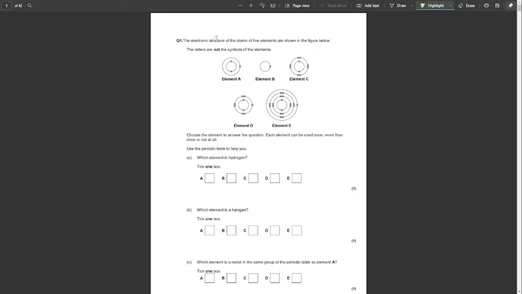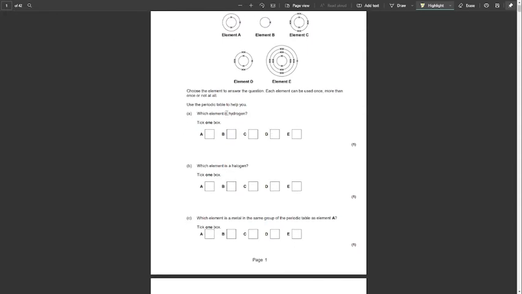The electronic structure of the atoms of 5 elements are shown in the figure below. The letters are not the symbols of the elements. Choose the elements to answer the question. Each element can be used once, more than once, or not at all. Use the periodic table to help you.